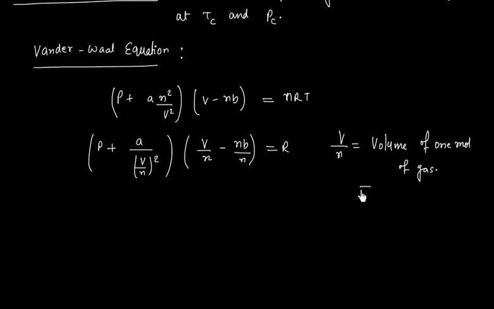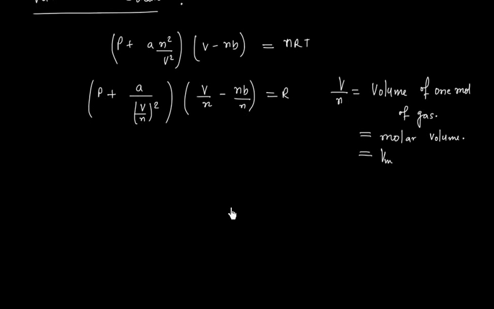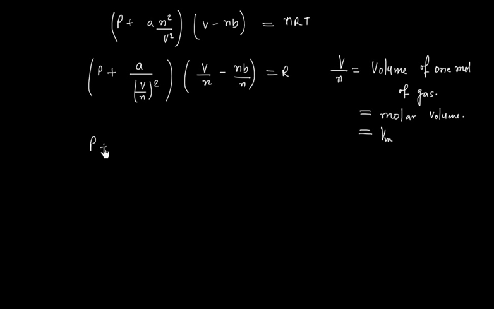This is defined as molar volume, that is Vm. So we can write (P plus a by Vm square) into (Vm minus b) is equal to RT.